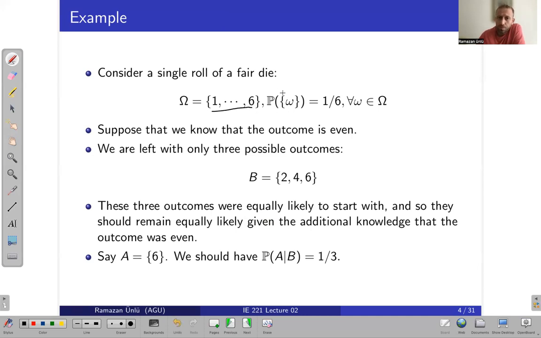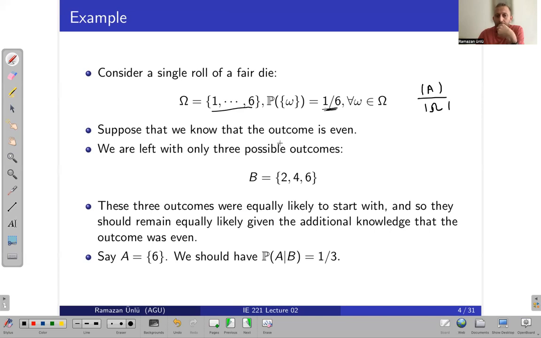If we want to calculate the probability of a single event, we can simply say that these outcomes are equally likely, so the probability of each single event is the same, 1/6.